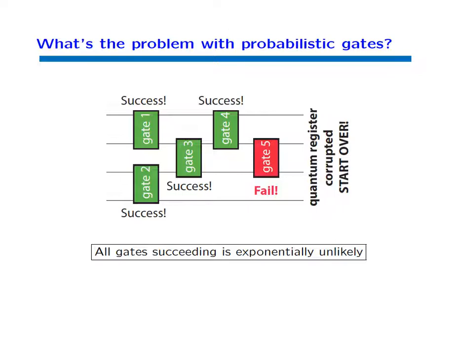It turns out, though, that one can do much better if one pays attention to this extra information, whether the gate has succeeded or failed. Then one can get by with much lower success probabilities of the gates. In fact, one can get by with any non-zero success probability. And that is the subject of the lecture today.